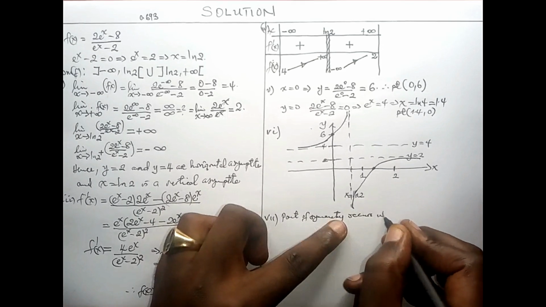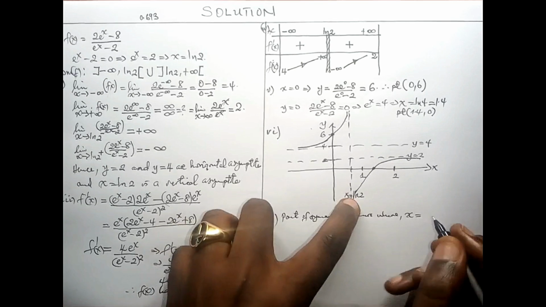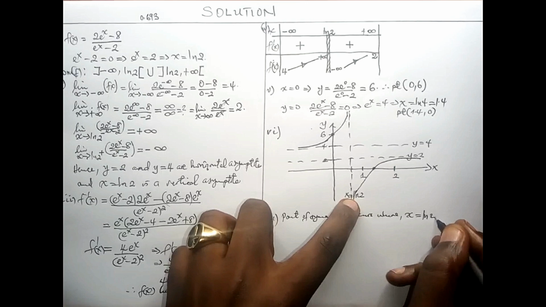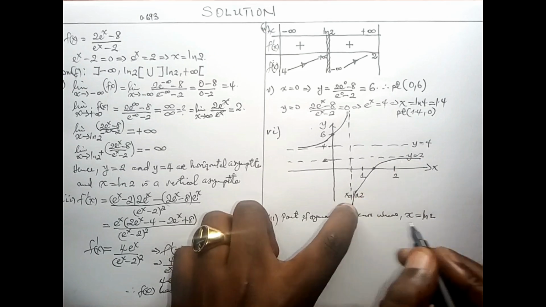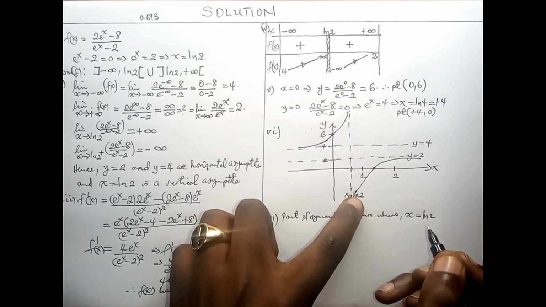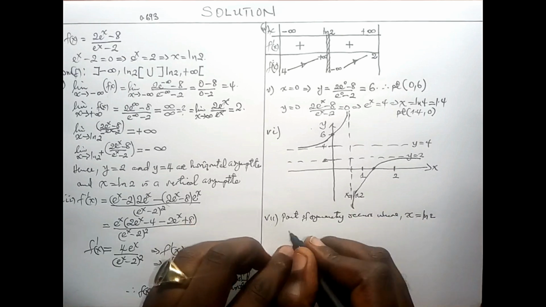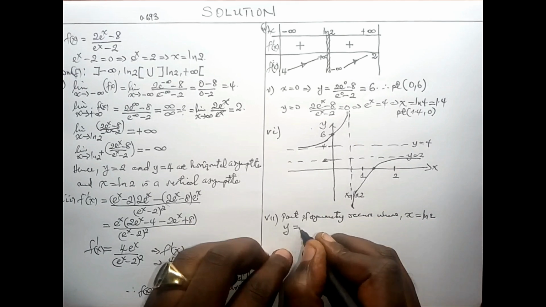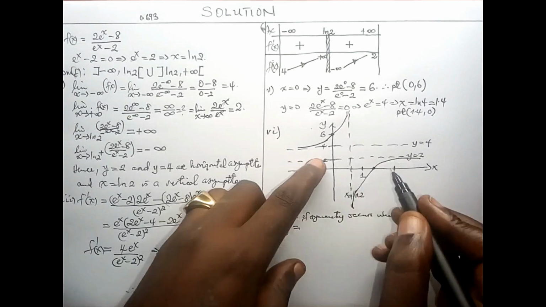So here, the point of symmetry occurs where x equals the vertical asymptote, which is ln 2. If there were 2 vertical asymptotes, add and divide by 2, because it will lie midway between them. So take note. We just have 1, so it gives ln 2. And y equals, if there was only one horizontal asymptote, that is already the y-coordinate.